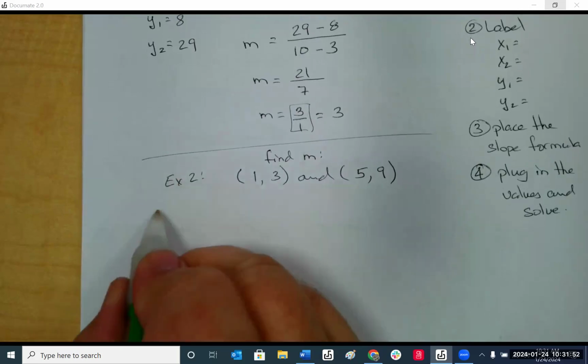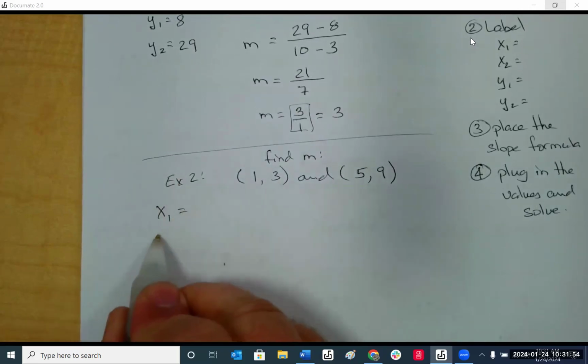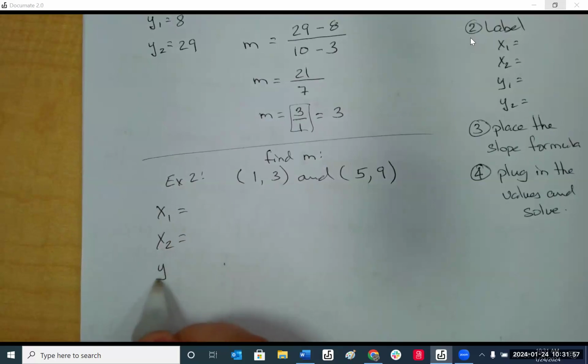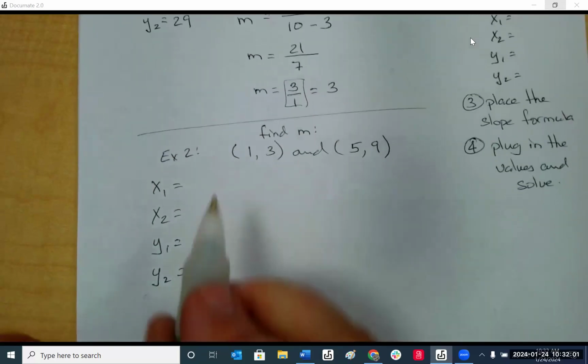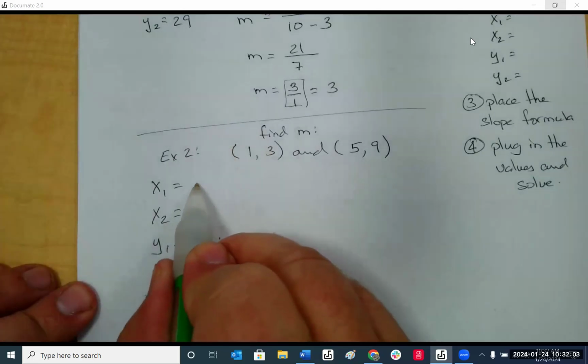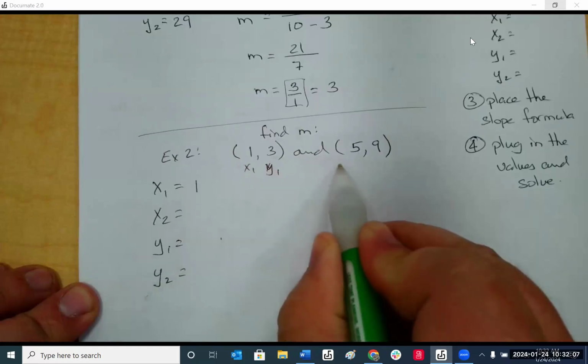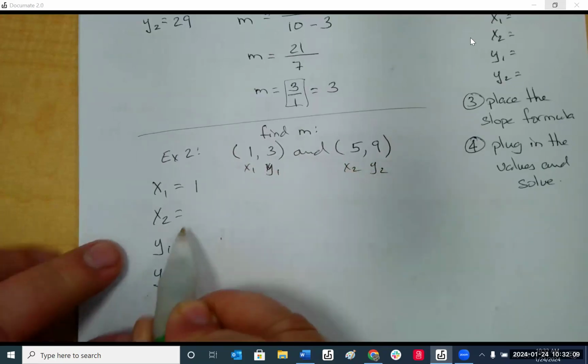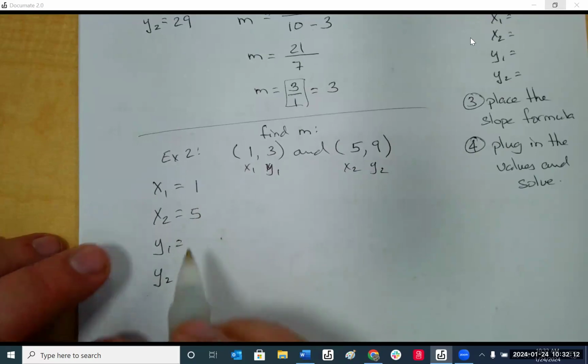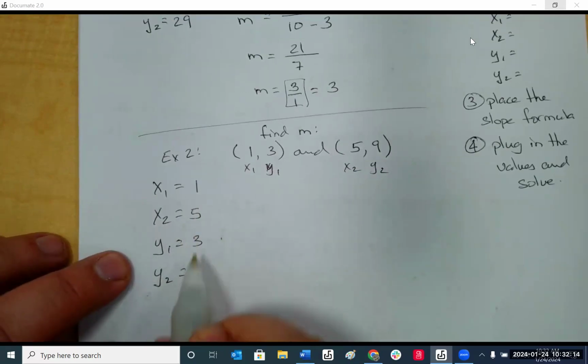First step, I have to label x1, x2, y1, y2. What is x1? What's x2? Y1 and y2.